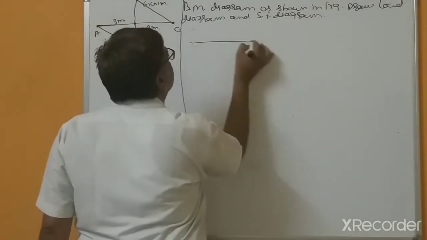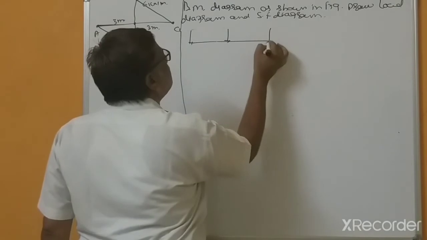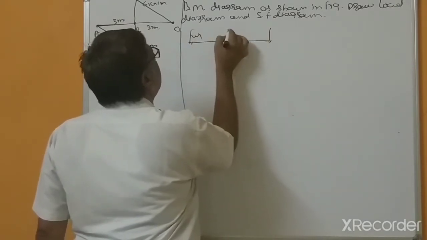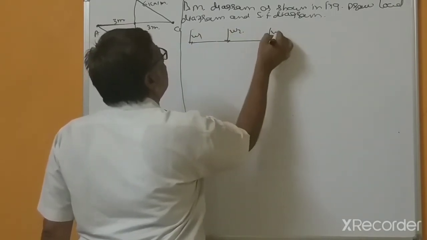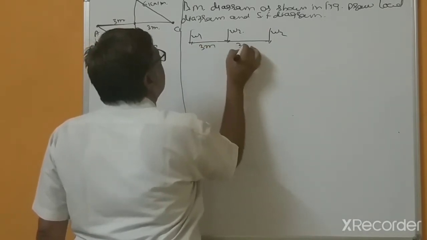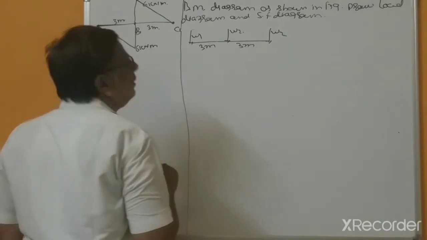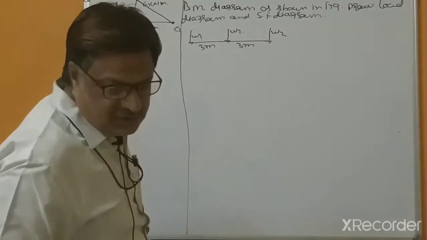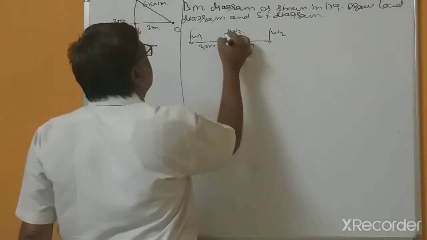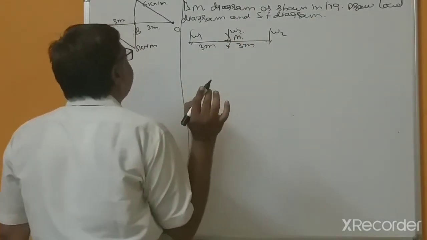So here consider 3 forces: W1, W2, W3, distance 3 meter, this is 3 meter, and the couple acting, we consider this is clockwise.